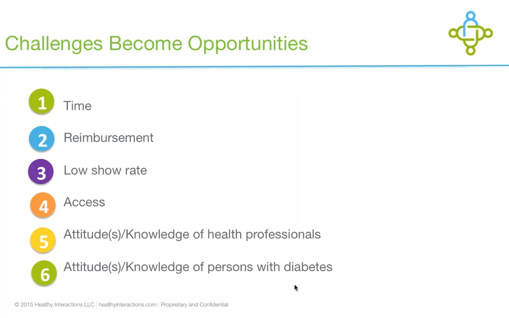The percentage is a little bit higher for the private insurance, I think it's like 7%, but still, it's surprising how few of the people with diabetes who are eligible to receive it for free end up getting the service of DSME.